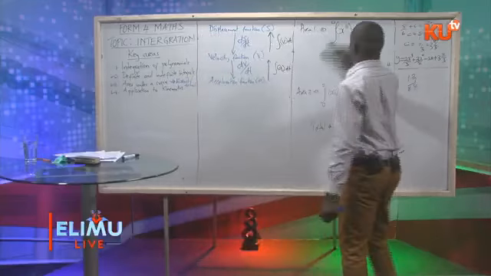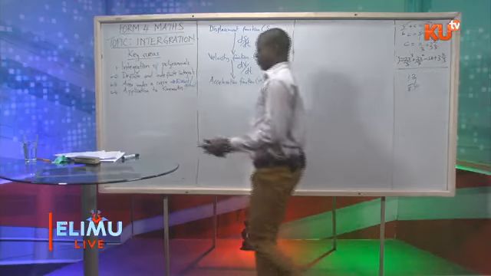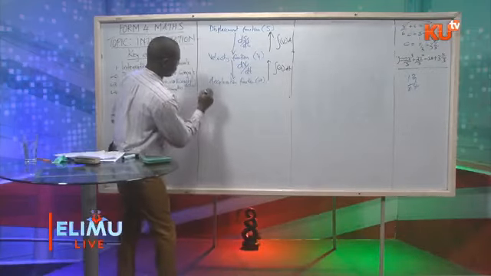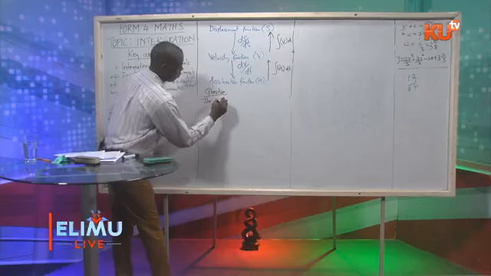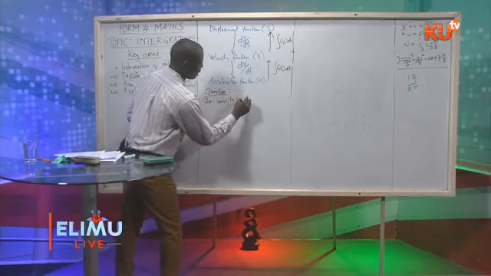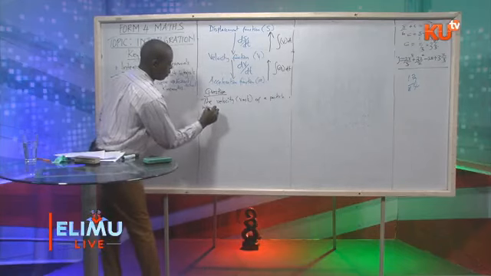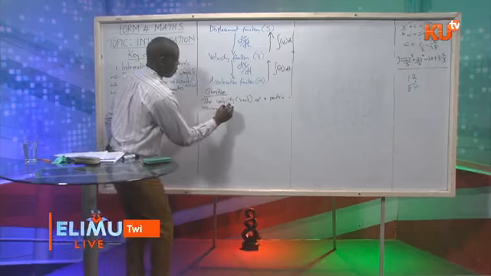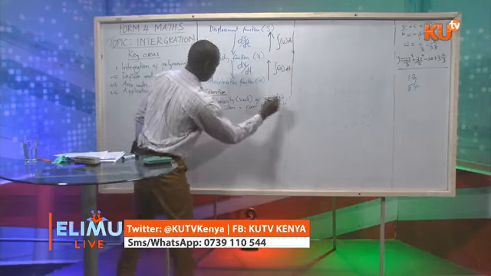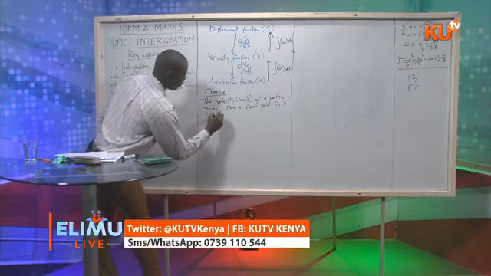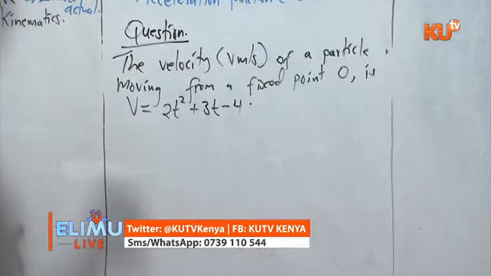Let's take one example of this case. The velocity v meters per second of a particle moving from a fixed point O is v equals 2t squared plus 3t minus 4.